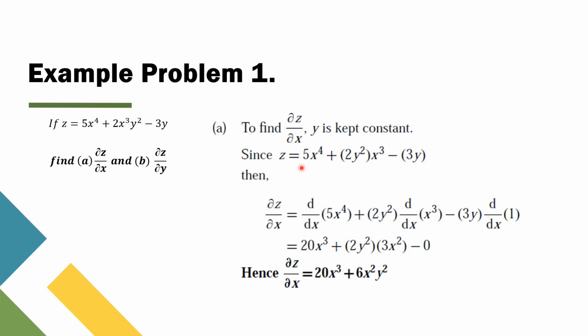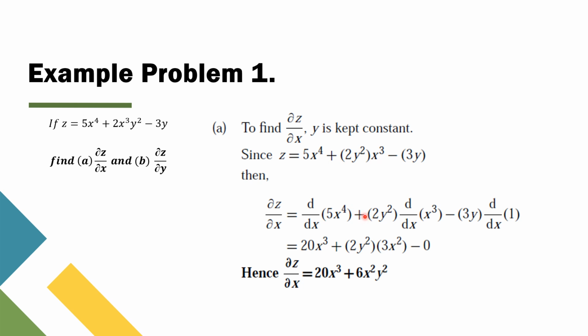Here in the function, we will now take the derivative in terms of x, or with respect to x. For the partial derivative of z with respect to x, since x is the variable, we are going to take the derivative of 5x to the fourth power.